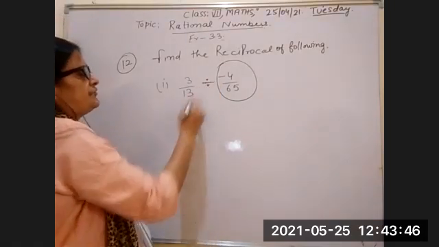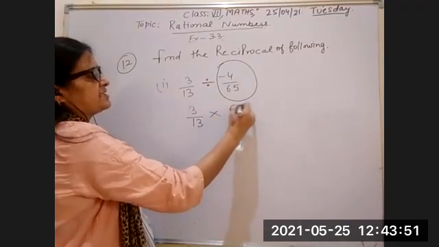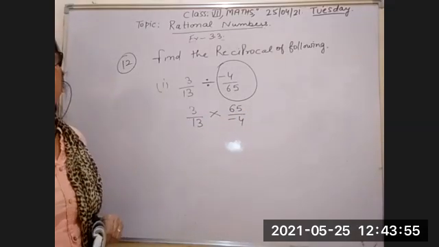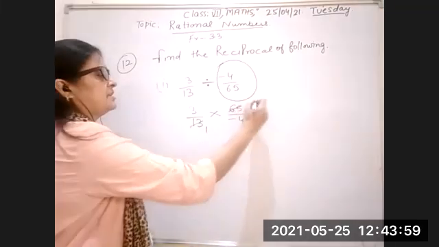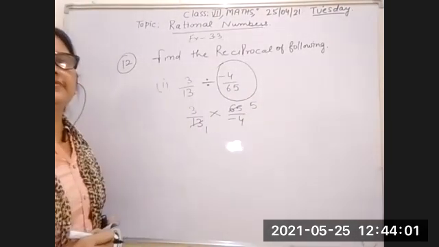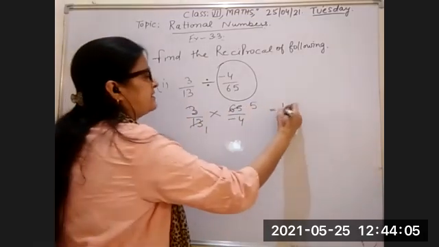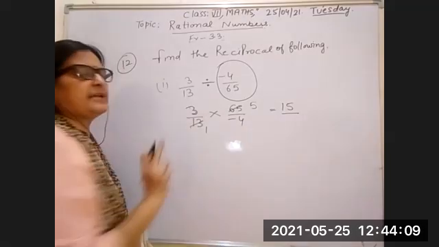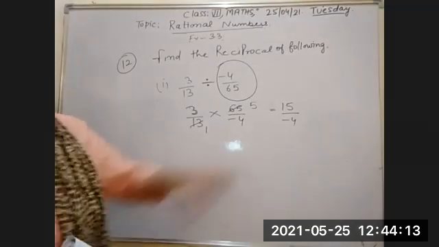So first you convert divide into multiply and take the reciprocal of the second number. It is equal to 65 upon minus 4. Now 13 1s are 13, 13 5s are 65. Now when you multiply 3 with 5, you will get 15, and 1 multiplied by minus 4 is equal to minus 4.